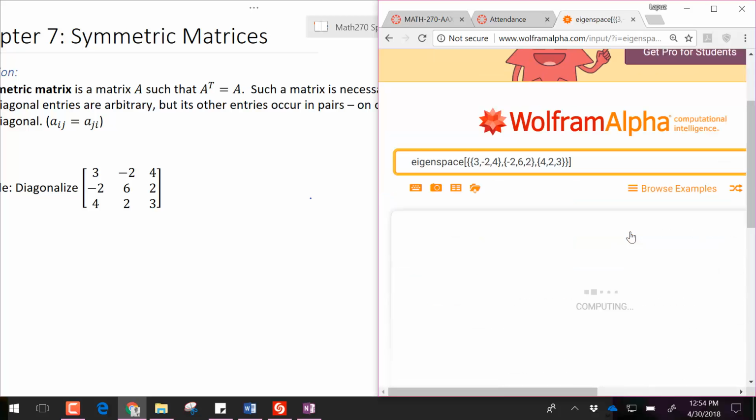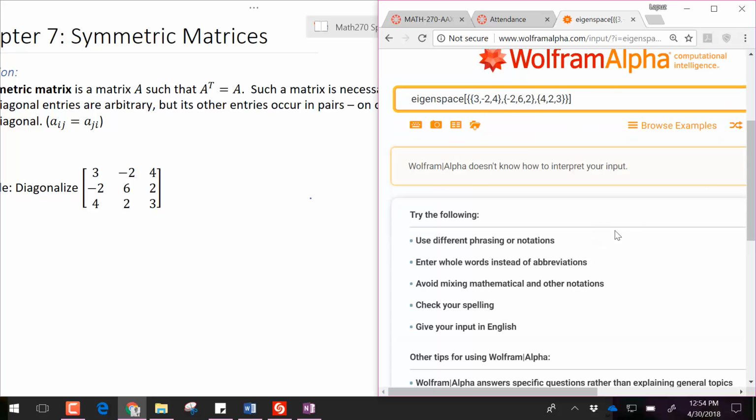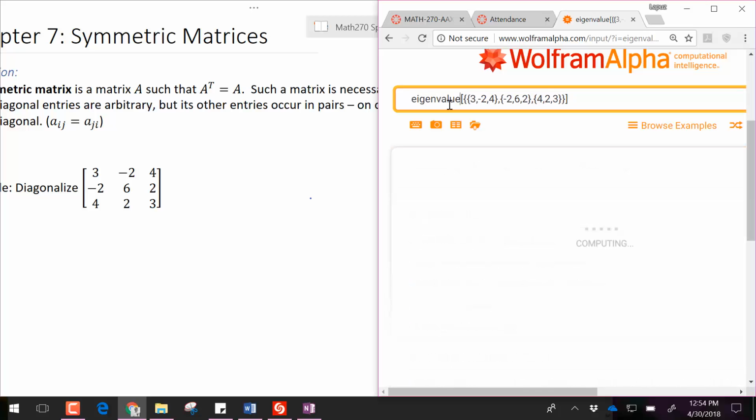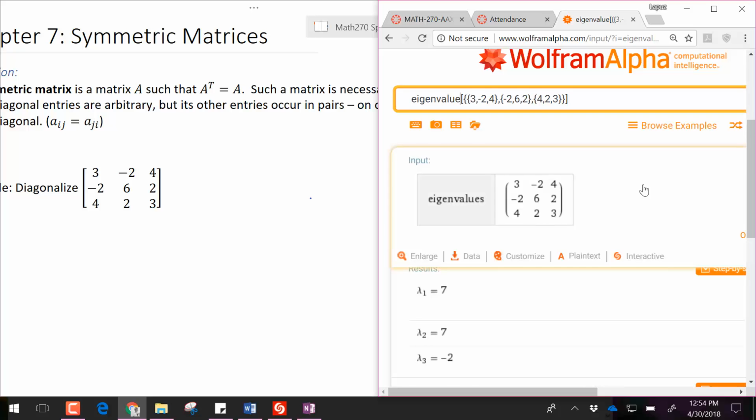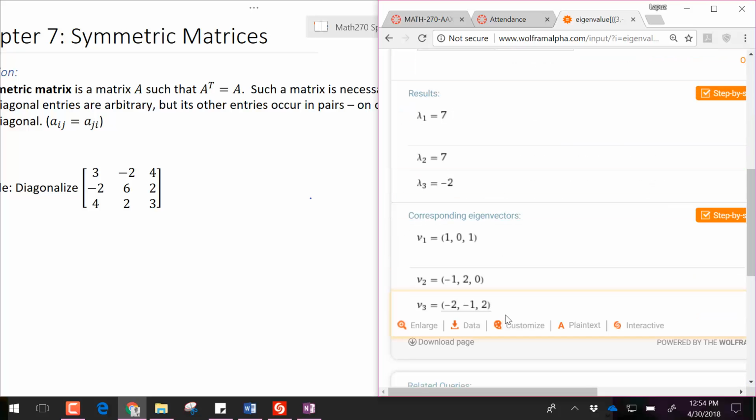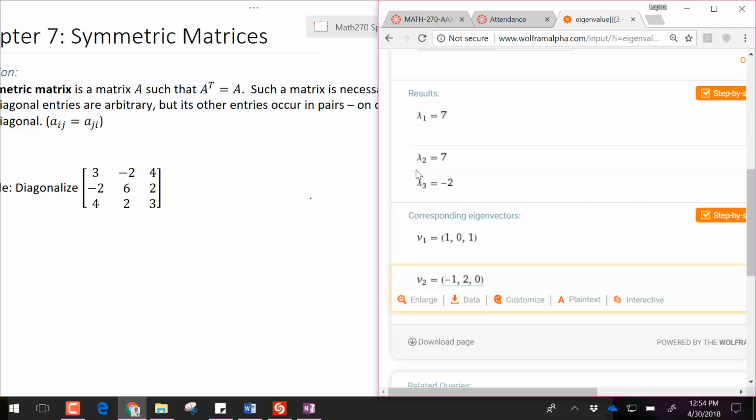When we do the eigenspace, maybe it's eigenvalue, it provides what we would call an eigenspace, with the list of eigenvalues and eigenvectors.